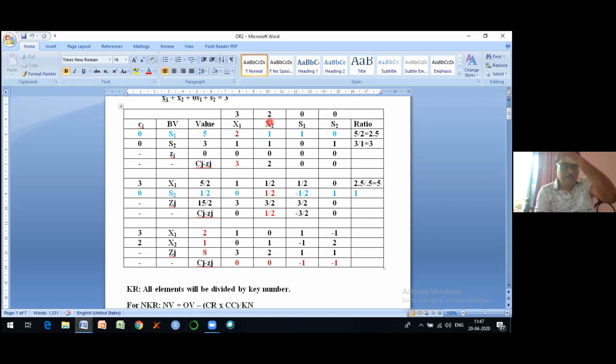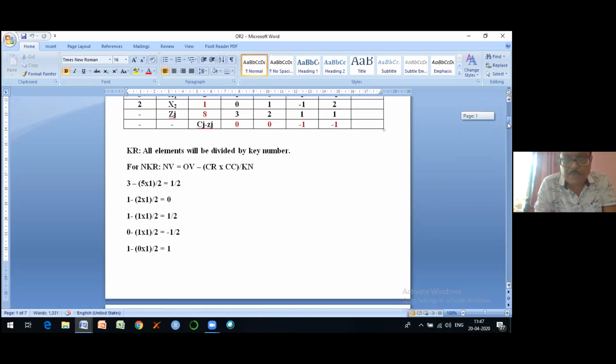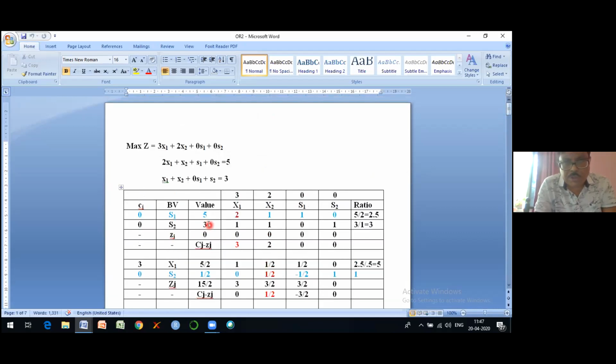So again I am telling you, don't be confused. First we have to write the old value. So old value is 3, 1, 1, 0, 1. Then we will consider the corresponding row. So for this row, the corresponding row is this row.